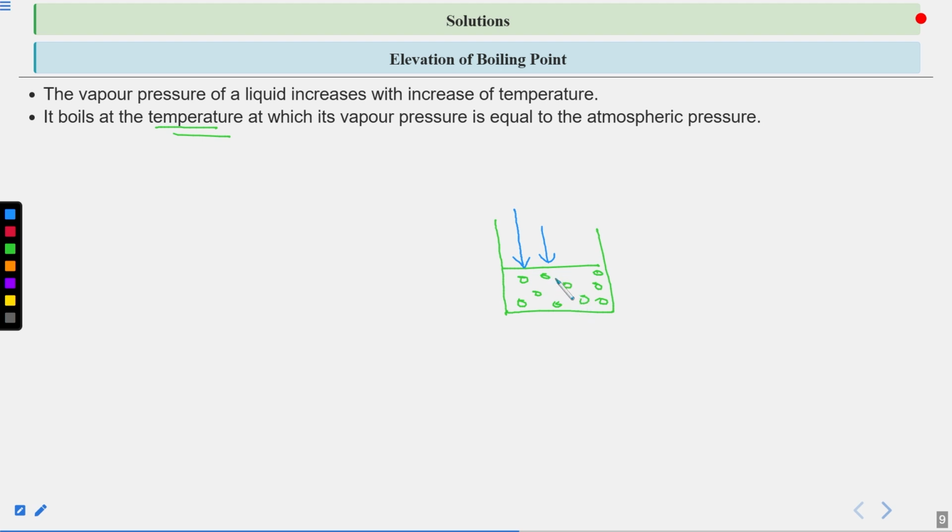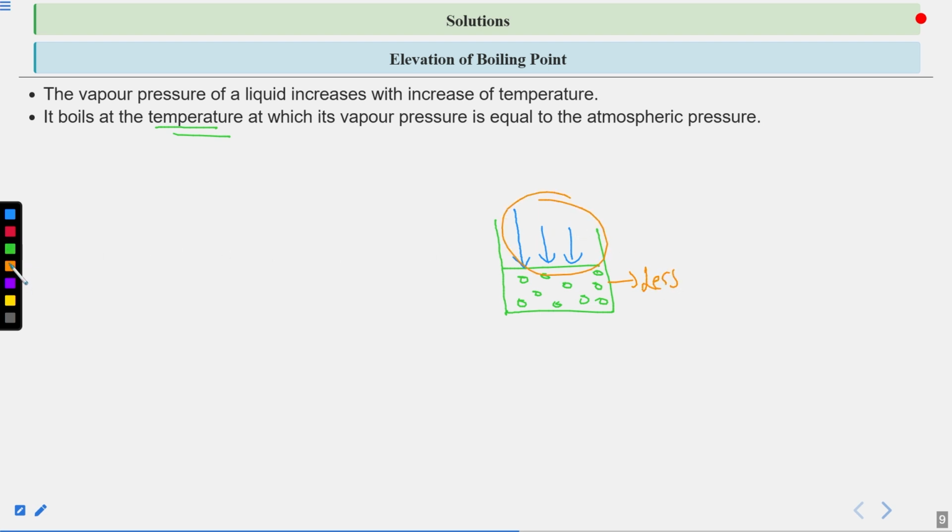Or else, if this pressure wasn't here, then this liquid would have broken the intermolecular force and gone into the vapor phase. So now the vapor pressure of this liquid is less as compared to the atmospheric pressure.